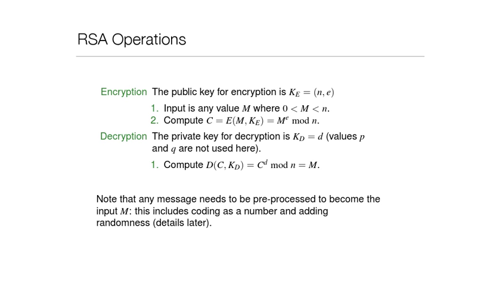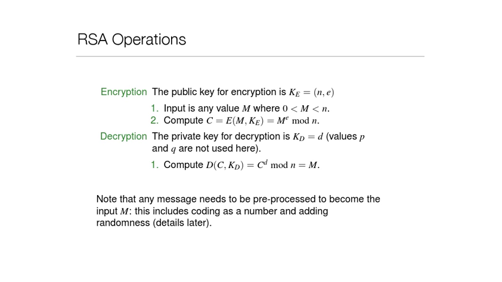E means the encryption algorithm, or we can use Enc, and inside the brackets we give the parameters we pass. M is the message, KE is the encryption key. So this is a general notation we use. Specifically in RSA, the encryption operation is M to the power e mod N.